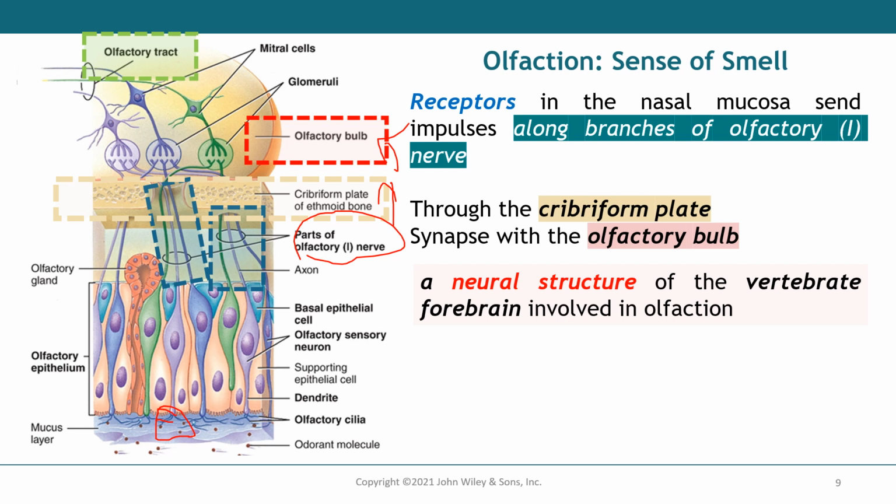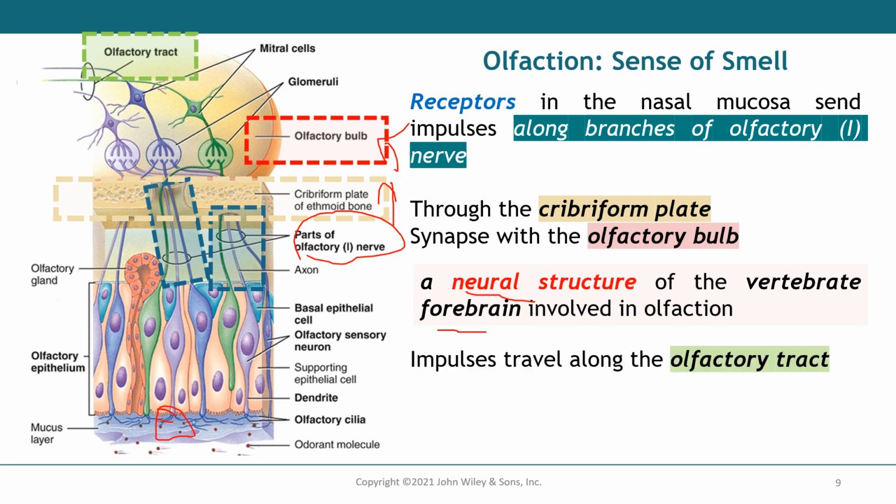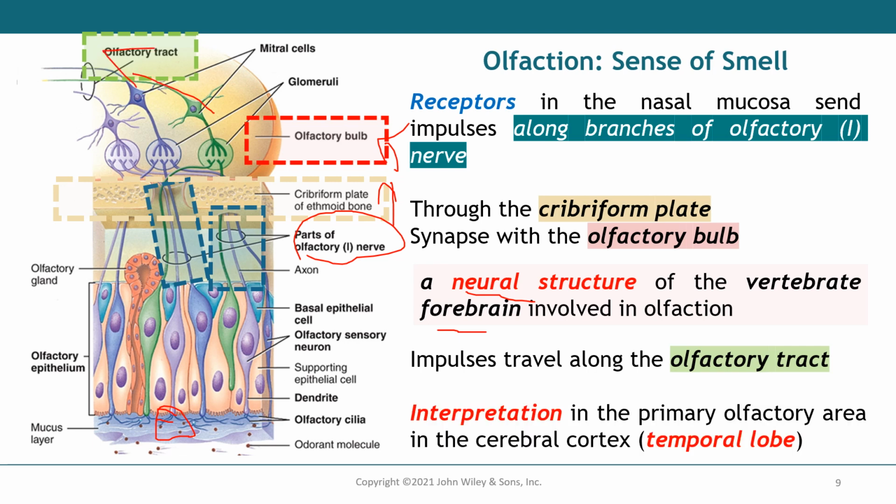I told you this is a neural structure located in the vertebrate forebrain and involved in olfaction. And then the impulse will travel through the olfactory tract, and at the end you will have interpretation in the primary olfactory area of the brain, which is the temporal lobe.